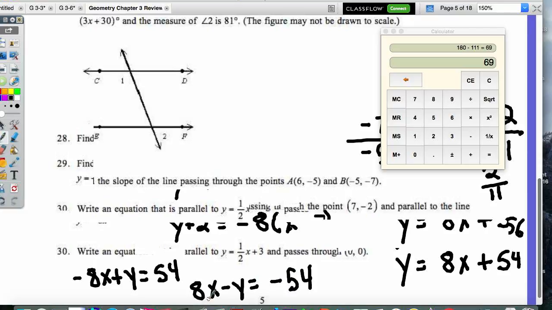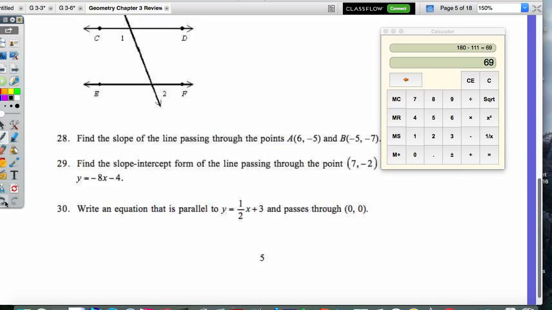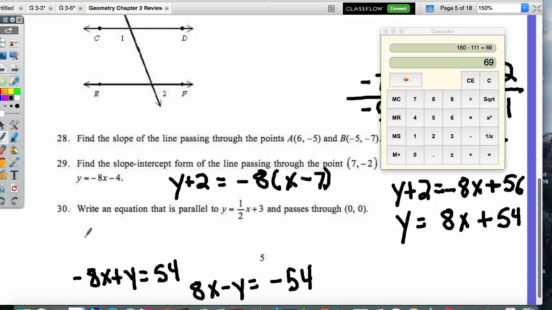That's if I asked for it in standard form. That's if I asked for it in slope-intercept form. And if I asked for it in point-slope, I'm going to reset this. In point-slope, it was y plus 2 equals negative 8, parentheses, x minus 7.